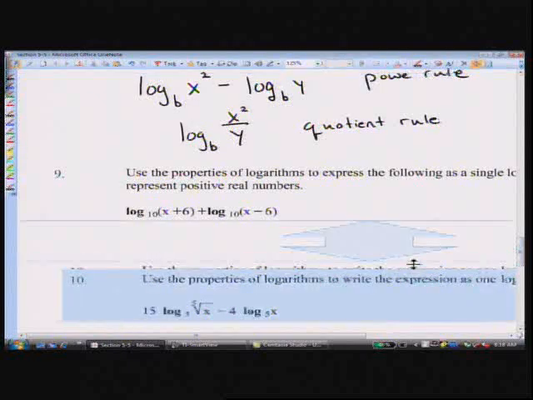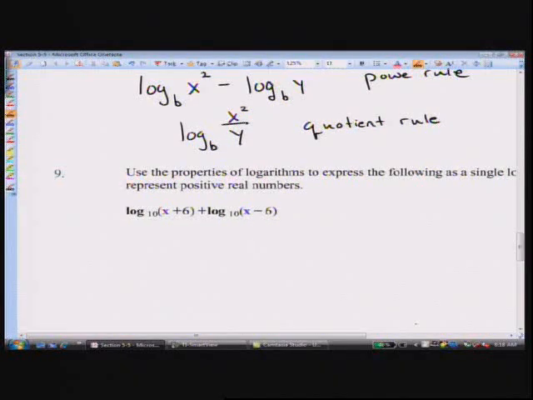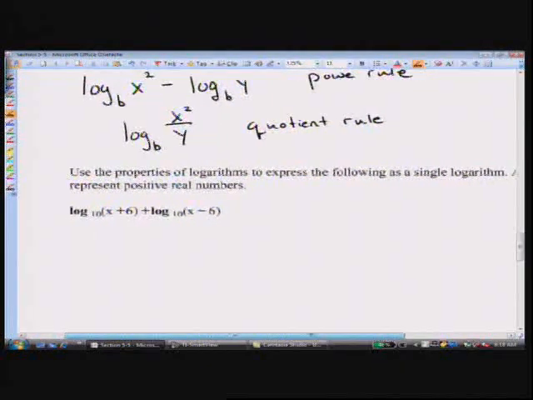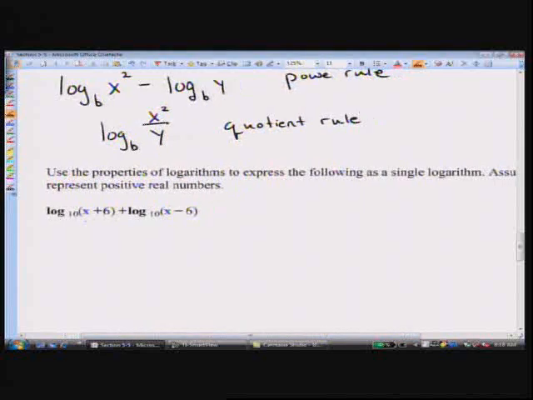On number 9 then, you should see that since we have the sum of individual logarithms of the same base, we can use the product rule. And we'll write it as a single logarithm.